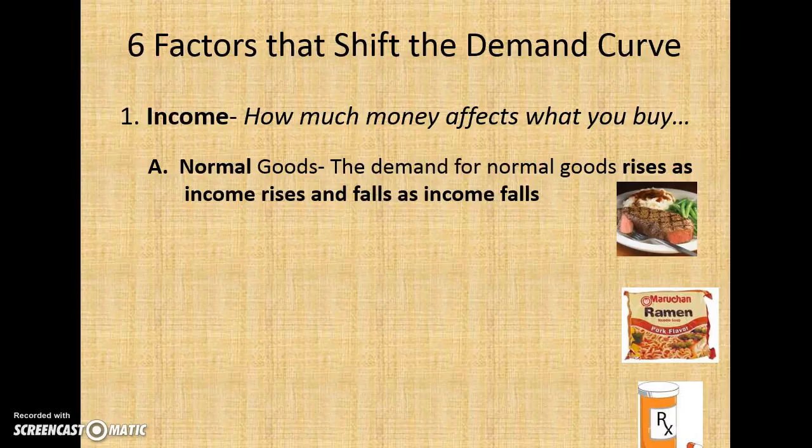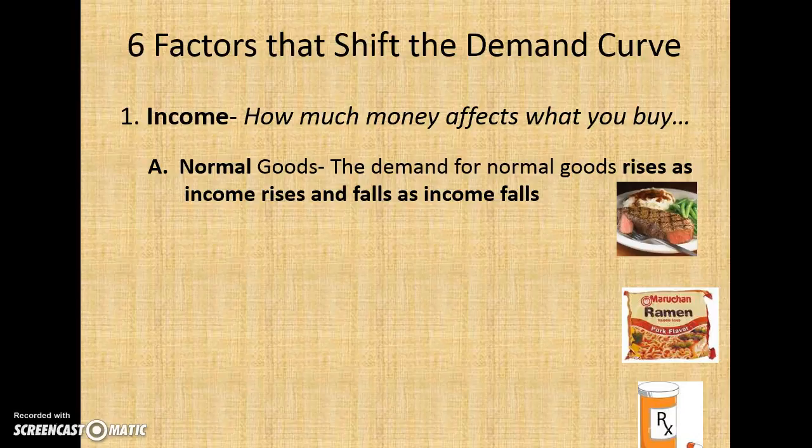So you have something called a normal good. Normal goods are things that have a direct relationship with income. So if you get a big pay raise, the more money you make, the more of these goods you're going to buy.